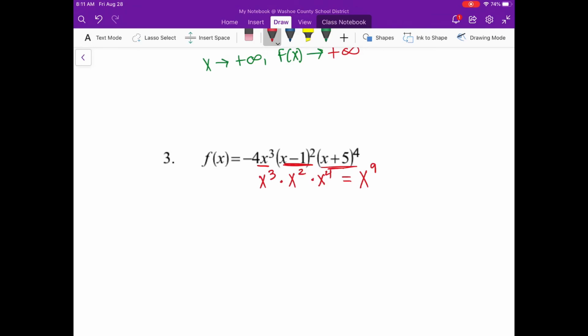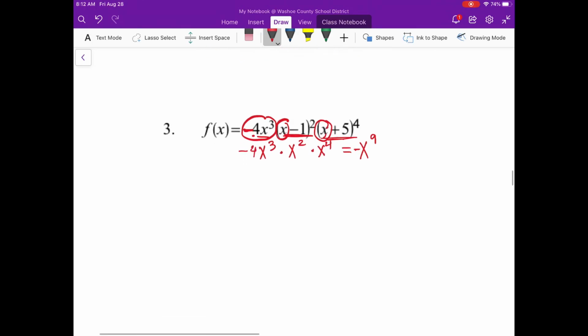And then another thing I need to be careful about is that a value, okay? So these are all being multiplied, but then just looking at your x values, only this first one has a negative attached to it, okay? So that negative is going to follow. So this is going to actually be a negative x to the 9th because of that negative 4 that's attached to the x cubed.